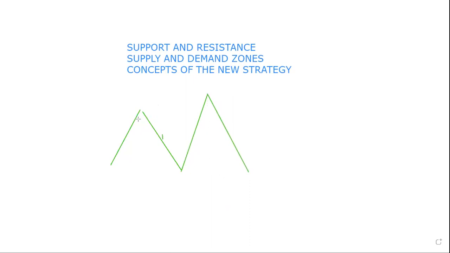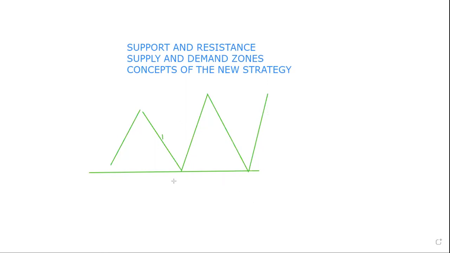So as you can see, price is moving, but when it gets to this point, it gets reversed. So this is what we call the support zone. So it's the position that acts as a floor. When price gets to it, it prevents price from moving to the downside.